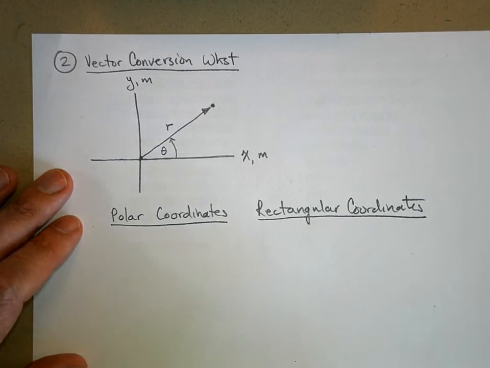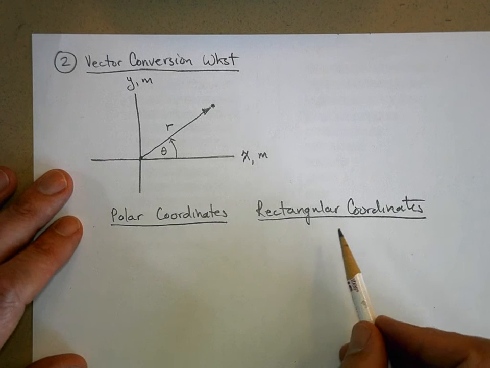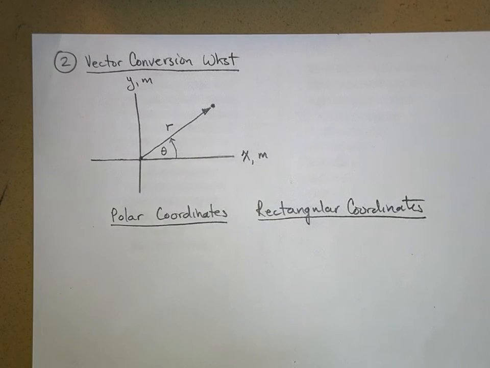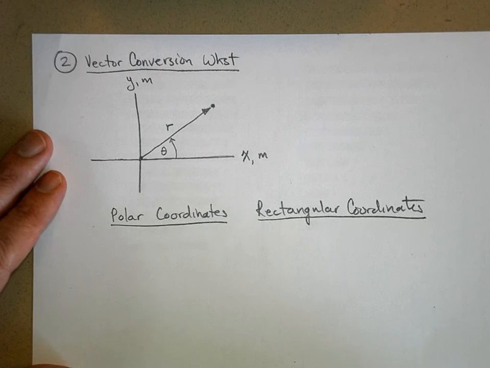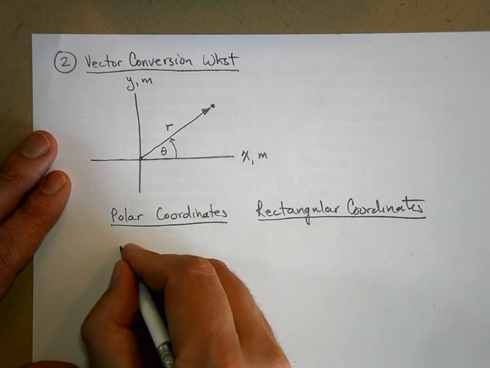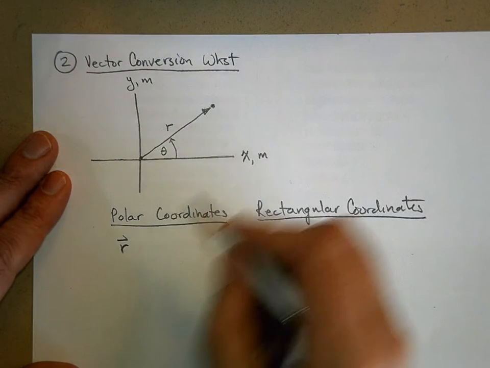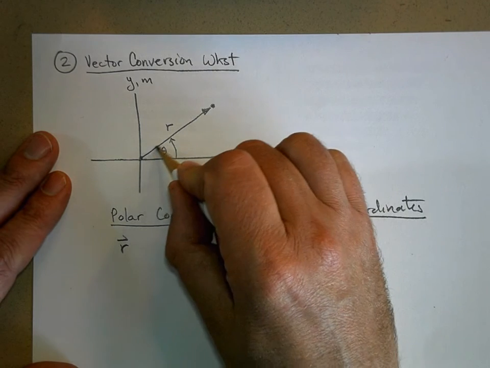And what we want to do is define what these are, and then I want to be able to go back and forth between them. I want to be able to convert from polar to rectangular and rectangular to polar coordinates, and that's what we're going to do today.